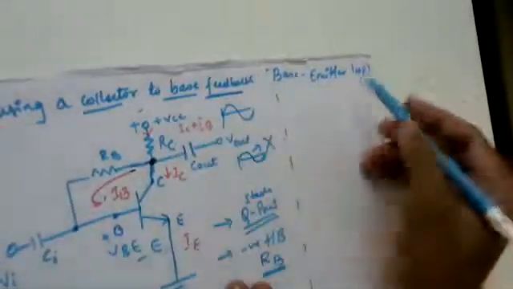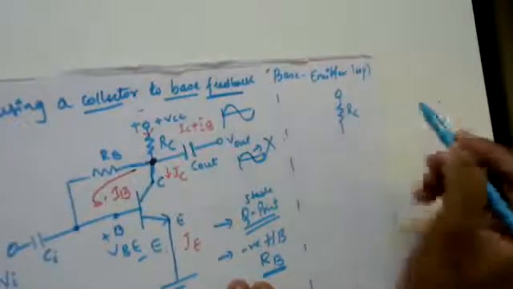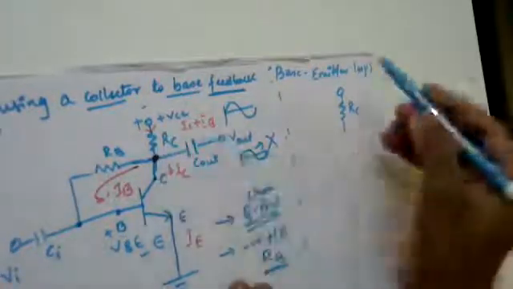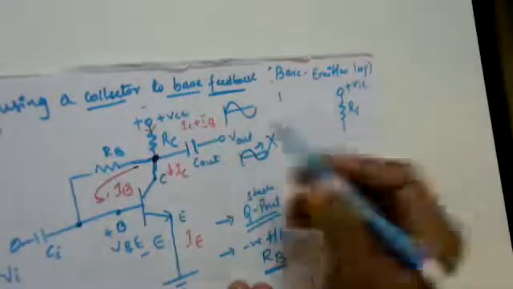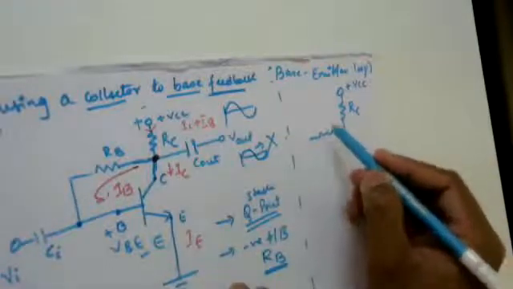If you want the same circuit over here, I can represent it like this, wherein I am having your resistance RC, and this is your VCC. Then I'm considering the biasing resistance RB.